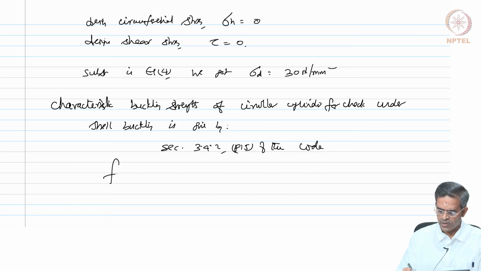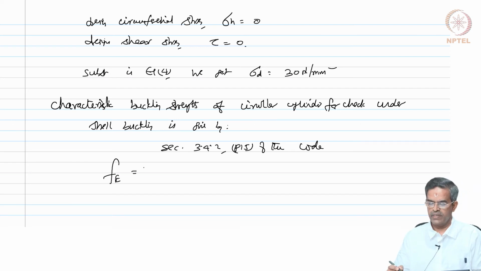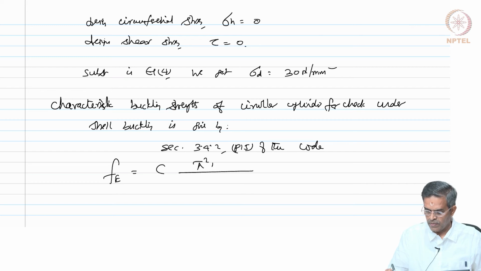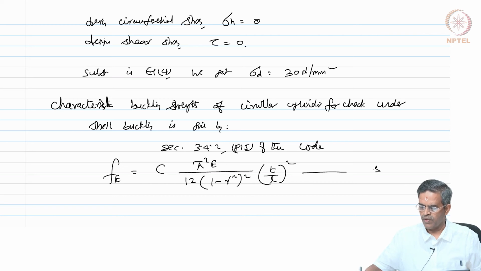I am producing the equation again here. Fe is given by C times of pi square E by 12 1 minus nu square of square T by L the whole square. We will call this equation number 5.